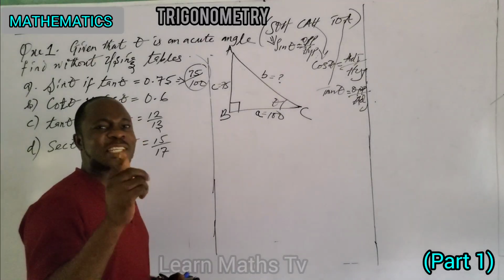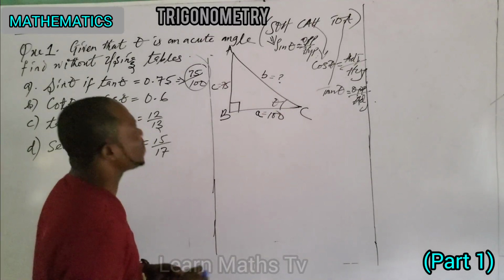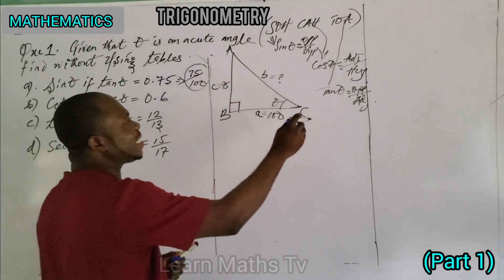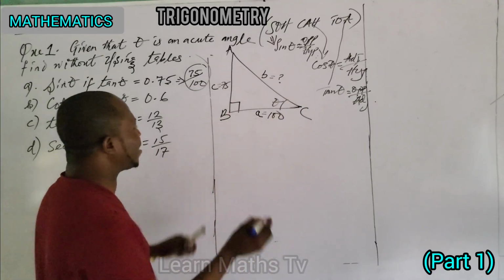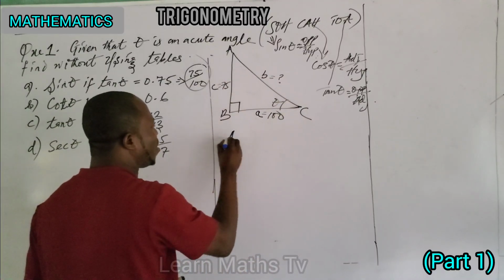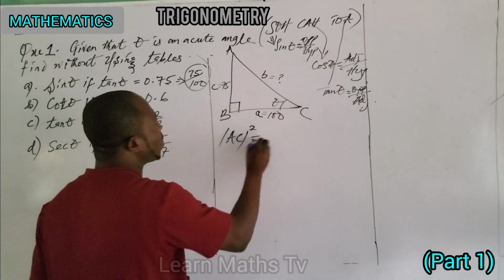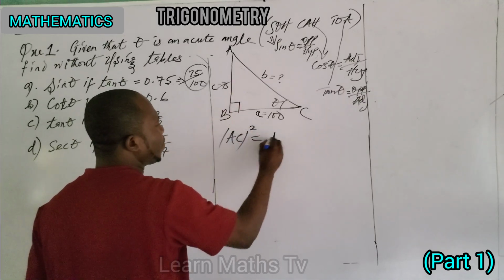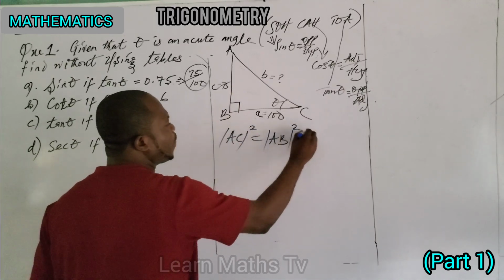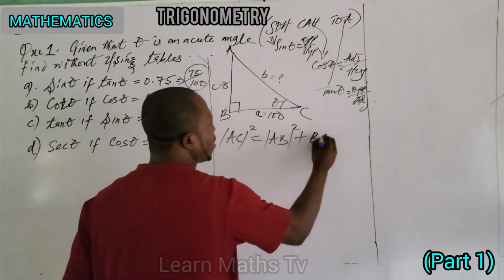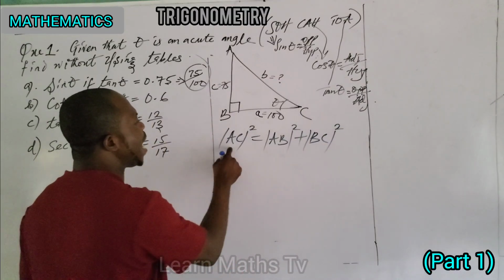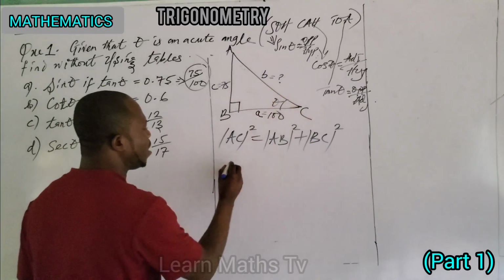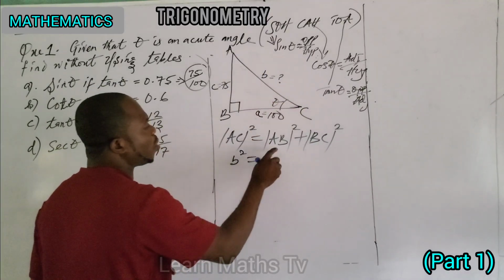Remember the Pythagoras theorem, which states that the square of the longest side is equal to the sum of the squares of the other sides. So we're looking for AC, which is B. B squared is equal to AB squared plus BC squared.